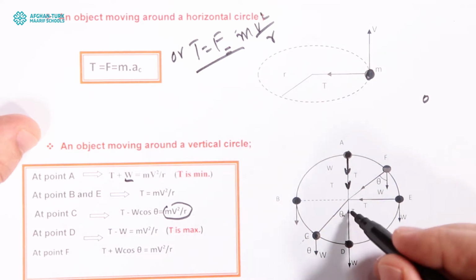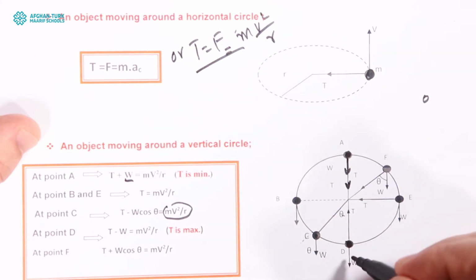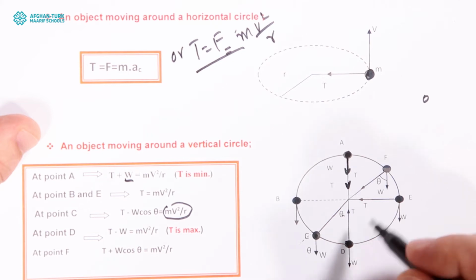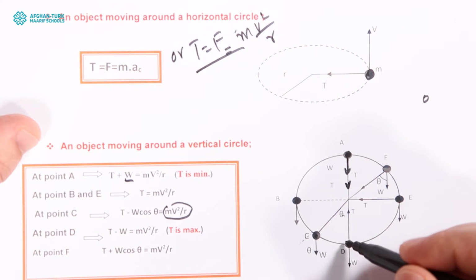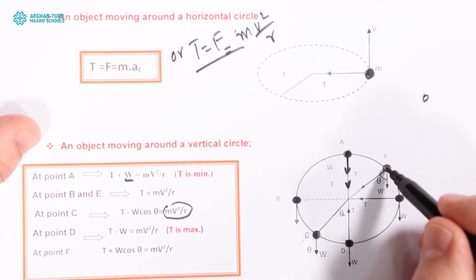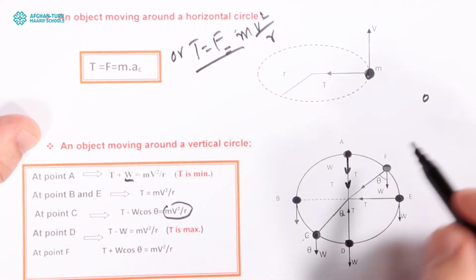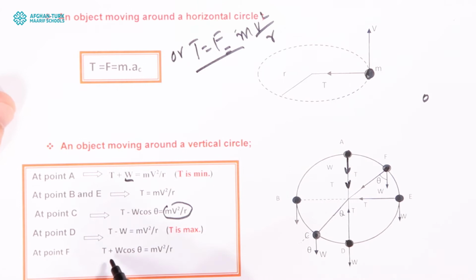The right hand of the formula is again the same, and at this point T will be maximum. Another point: let's suppose the object is here, then we will use this formula to find the centripetal force, T plus W, or F plus W cosine theta, and the remaining part is the same.